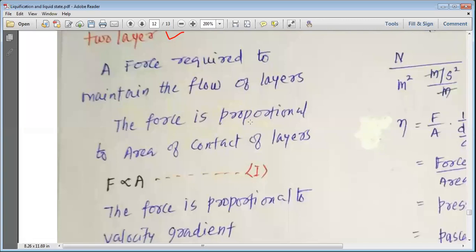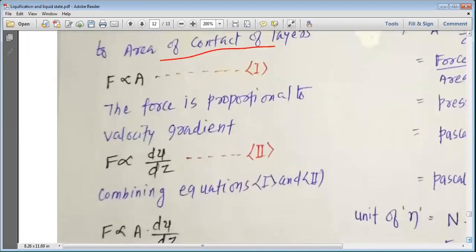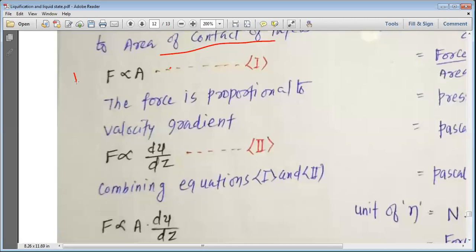The force is proportional to the area of contact of the layers. So this force is directly proportional to the area of contact, F proportional to A. This force F depends upon the area of contact. At the same time, this force also depends upon the velocity gradient.